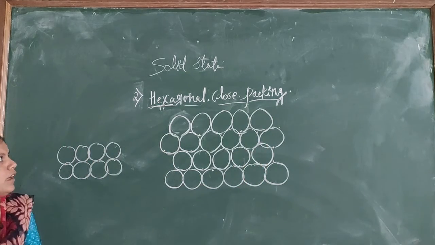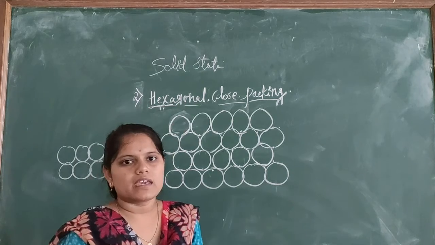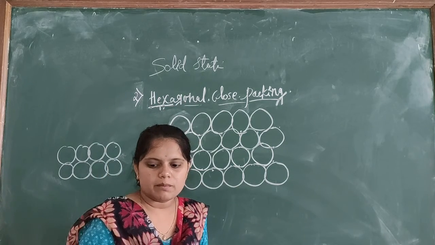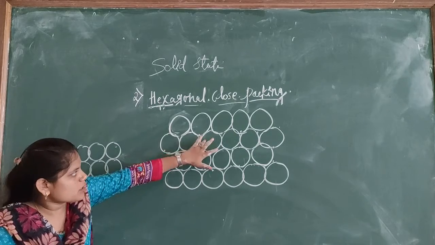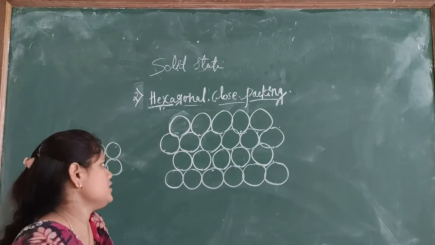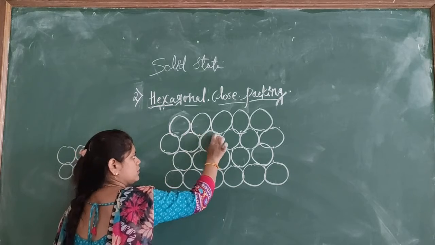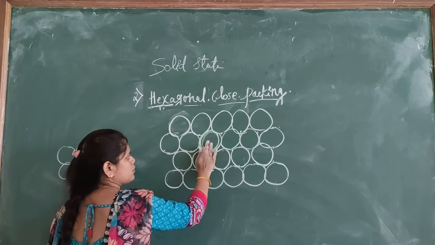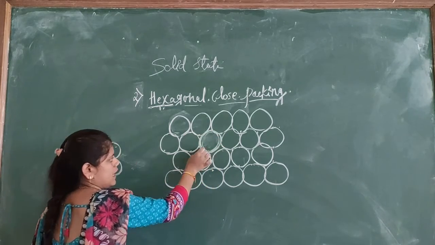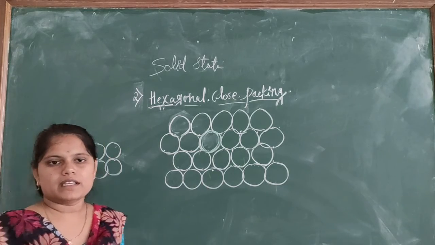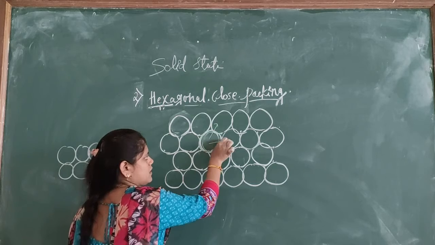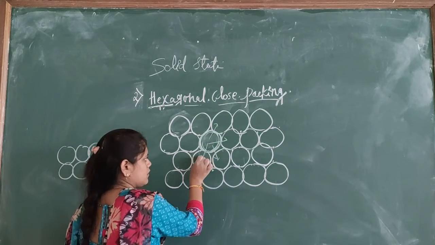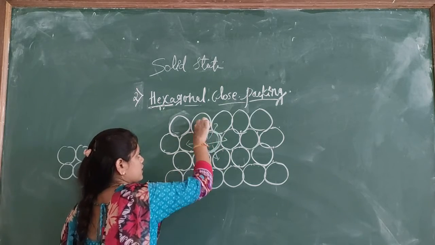Here what I told, in hexagonal close packing, each atom will remain in contact with 6 neighboring atoms. Suppose you consider any atom, this atom will remain in contact with 6 neighboring atoms. This will be the first atom, second, third, fourth, fifth and sixth.